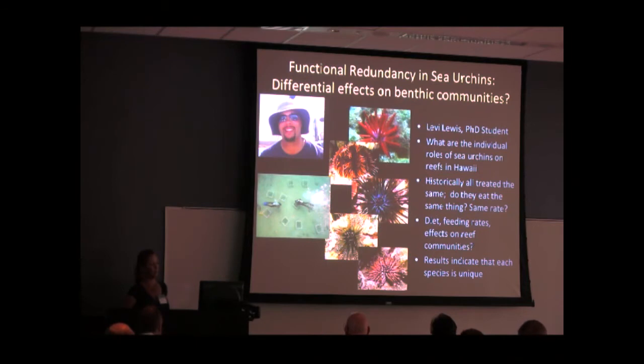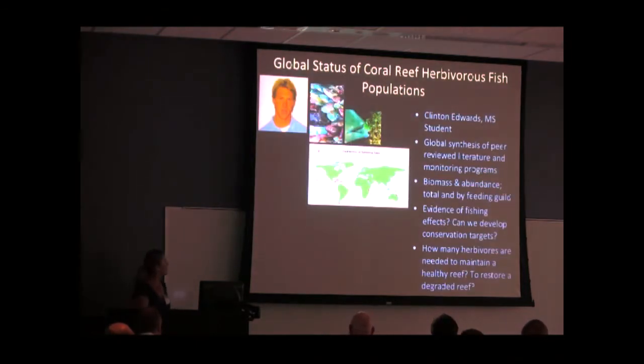And then lastly, in relation to the role of herbivores on reefs, I have a master's student who spent the better part of the last 3 years, probably should be a PhD at this point, compiling data and conducting a global synthesis on coral reef herbivorous fish populations. So he's compiled data from the peer-reviewed literature and from academic and governmental monitoring programs to determine what the average coral reef herbivore population is.